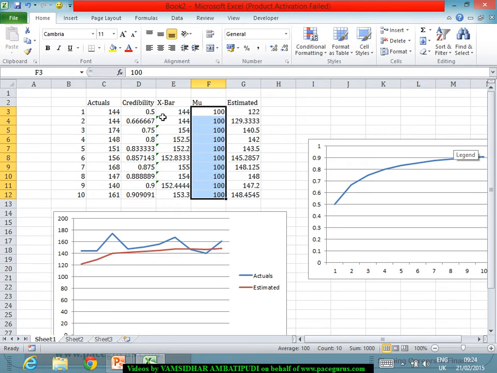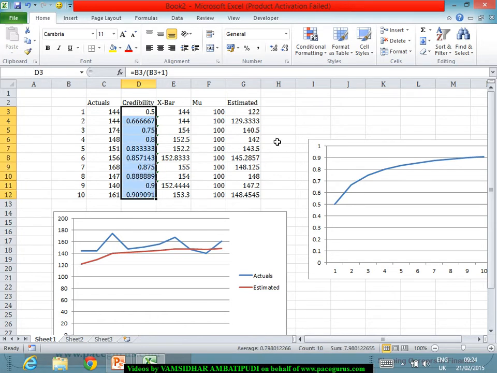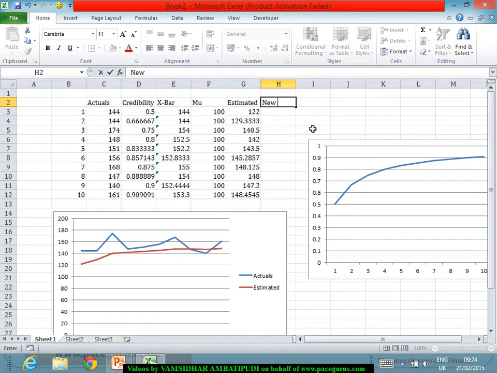Even this will change now. The credibility factor is going to change. Let's see what is happening to the new credibility factor here. It's simply becoming n by n plus beta. Now beta is 5.